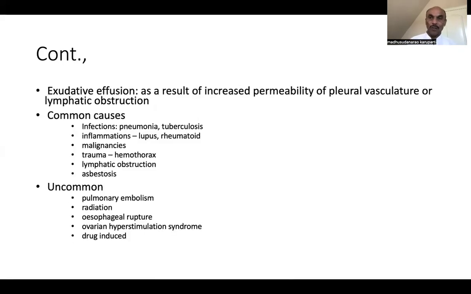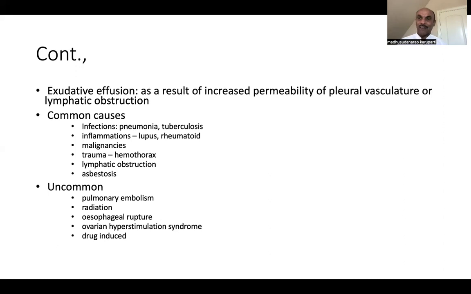Coming to the exudative pleural effusion, it is due to the presence of protein-rich fluid in the pleural space. This occurs when there is injury to the vascular membrane secondary to inflammation, and there is increased permeability of the vascular membrane to the protein-rich fluid.